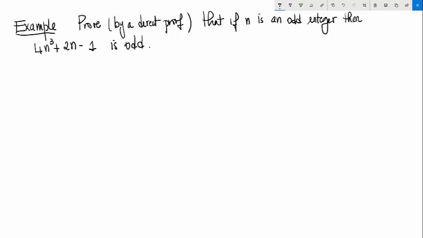So my hypothesis here is that n is an odd integer, and my conclusion is that 4n cubed plus 2n minus 1 is odd.